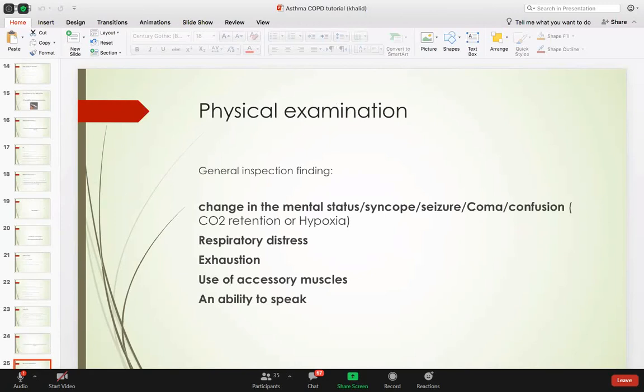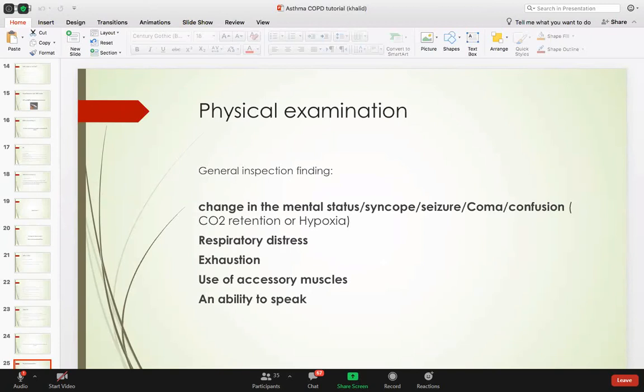So in general inspection, you may try to find change in mental status, syncope, seizure, coma. They sometimes come confused. This can all be related to CO2 retention or hypoxia. Respiratory distress, exhaustion. Don't forget, he came with a 1-week history of shortness of breath, so he is actually exhausted and tiring from the hyperventilation.